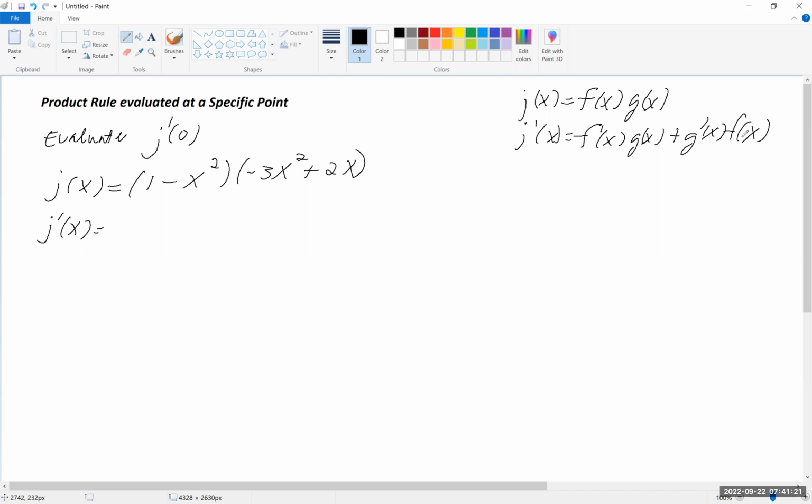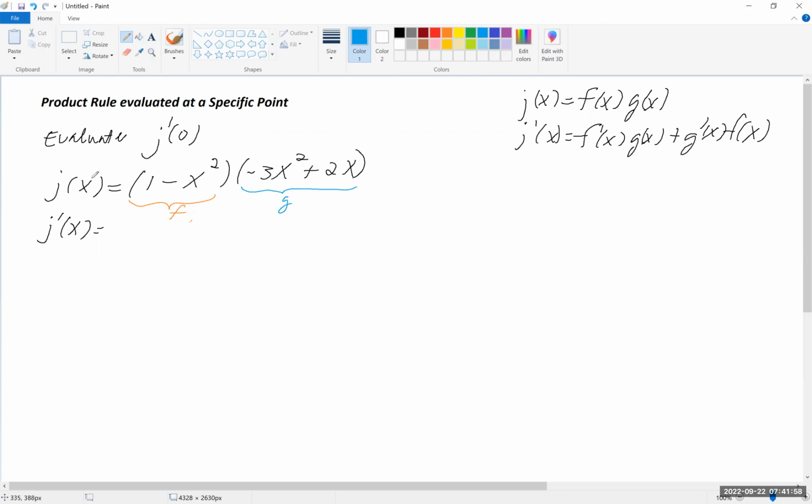All right, so then we're going to go ahead and, of course, label this as our g, and then this other function, actually, my bad, that is going to be f. This is going to be f. And then this is going to be g, right?